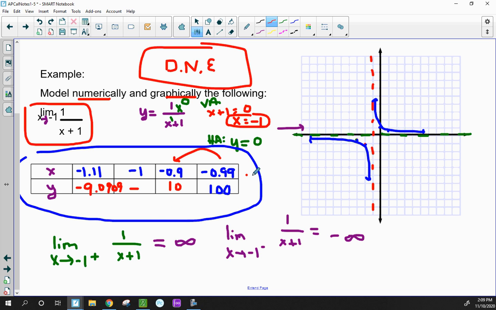And so if I'd chosen some other x values, you'd have seen these numbers increasingly get larger. And on the opposite side, these numbers for y would have increasingly gotten smaller. And so that's why we can't make a prediction as to what's happening, so it does not exist.